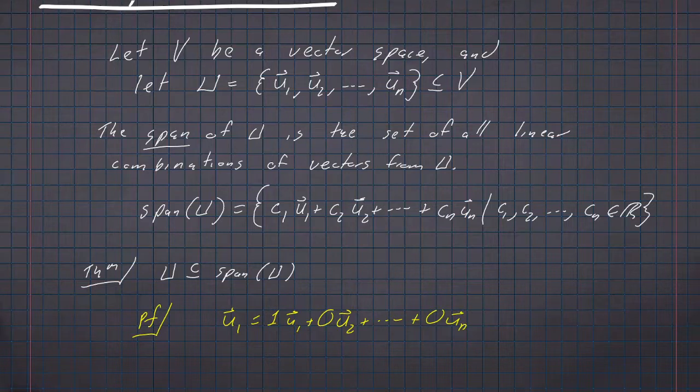It's a lot more tedious to write out than it is difficult. If I pick C1 equals 1, I pick C2 equals 0, C3 equals 0, all the way through to Cn equals 0.